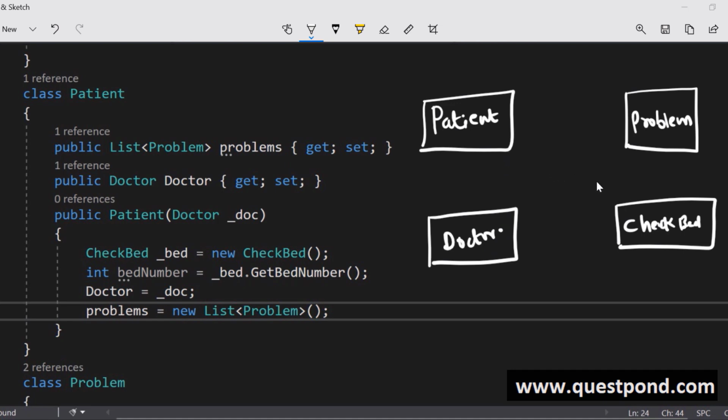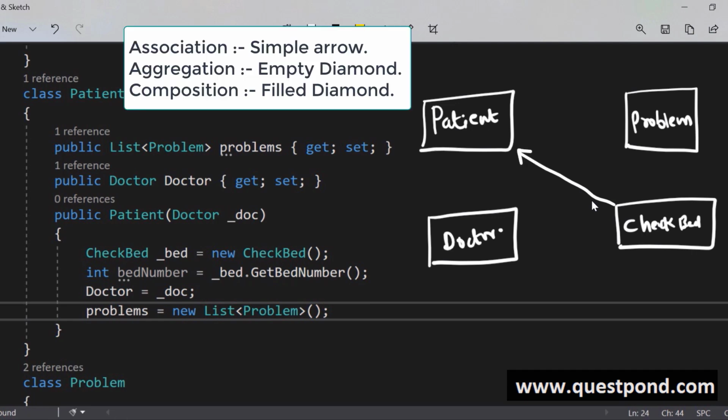So first, for association, you just draw a simple arrow. You will just say like this, a simple arrow here which says that this check bed is associated with this patient, right? To define aggregation and composition, we use the diamond symbol, right?